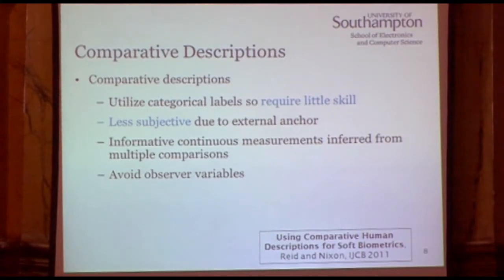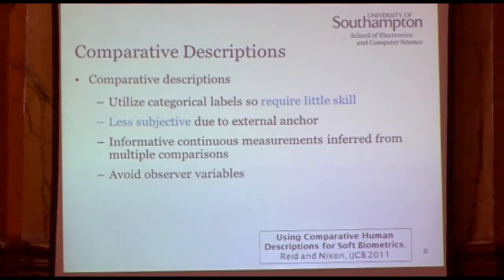It's much more objective. Also, with comparisons, you can obtain multiple comparative descriptions. With an absolute description, you can only ever describe someone once, but with comparisons, you can compare them to lots of other people. From these multiple comparisons, we can obtain a lot more information about the person you're describing, and we can actually infer a continuous measurement describing that person.